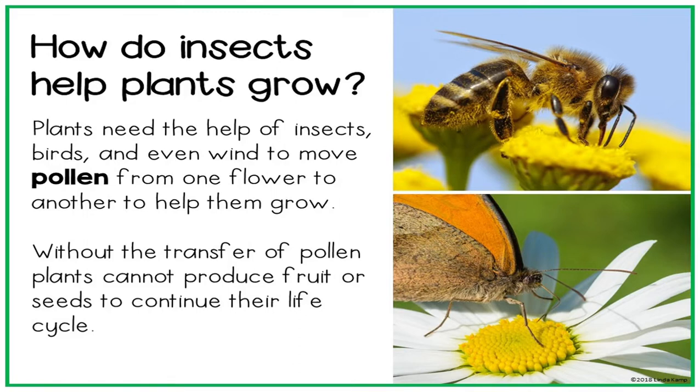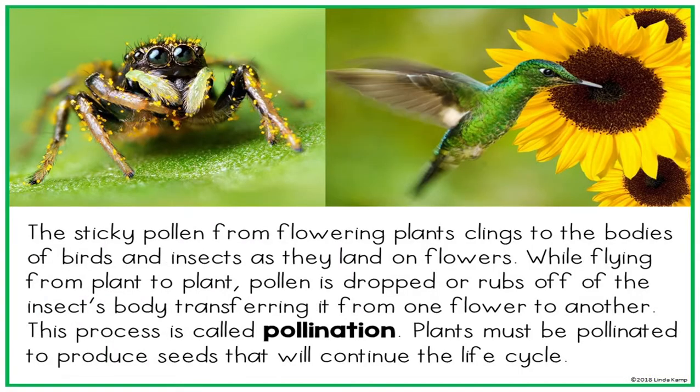How do insects help plants grow? Plants need the help of insects, birds, and even wind to move pollen from one flower to the other to help them grow. Without the transfer of pollen, plants cannot produce fruit or seeds to continue their life cycle. The sticky pollen from flowering plants clings to the bodies of birds and insects as they land on flowers.